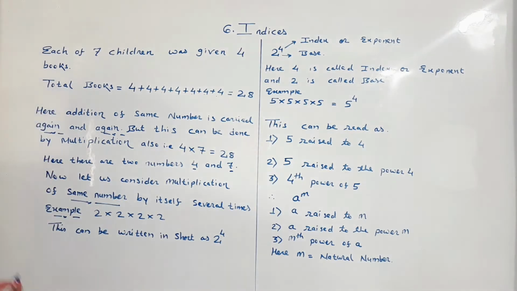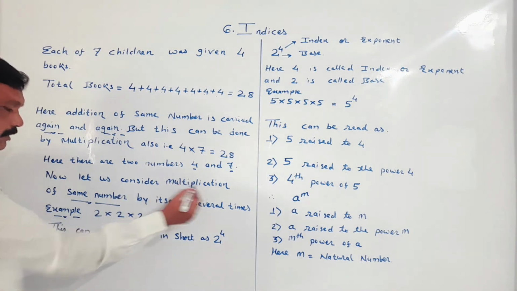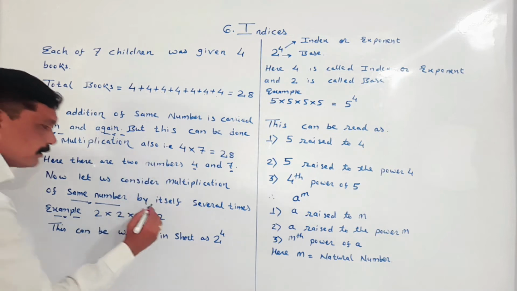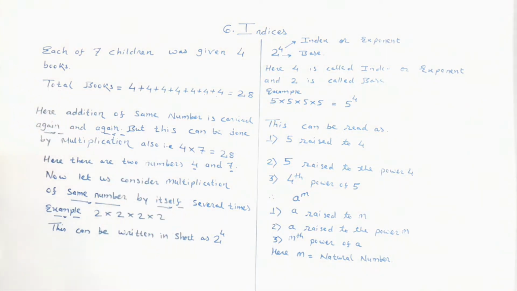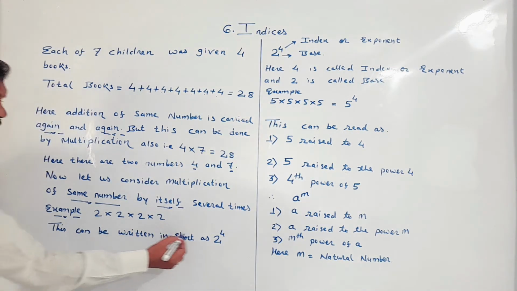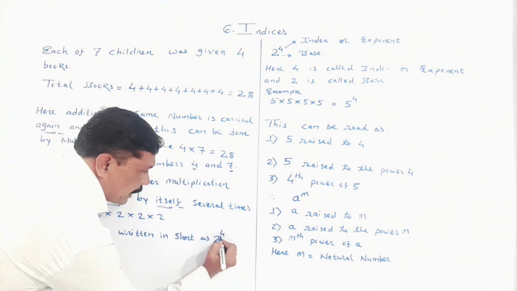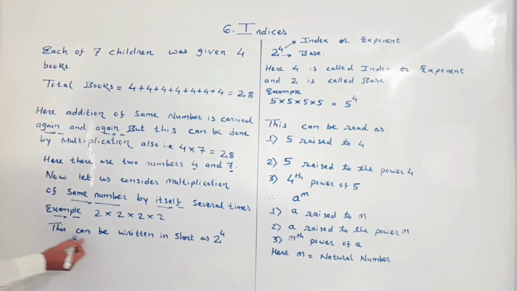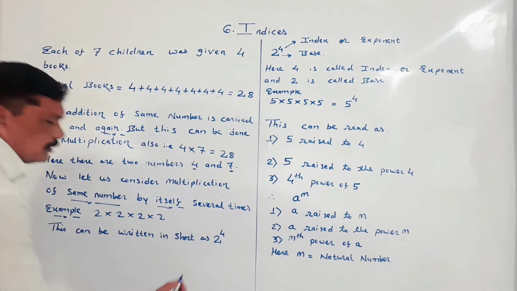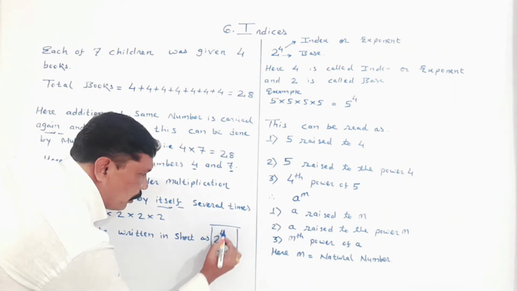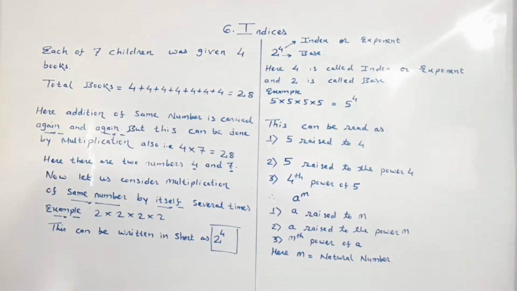If we take the same number and multiply it again and again by itself, then this can be written in short form, that is 2, and above 2 we can write 4.